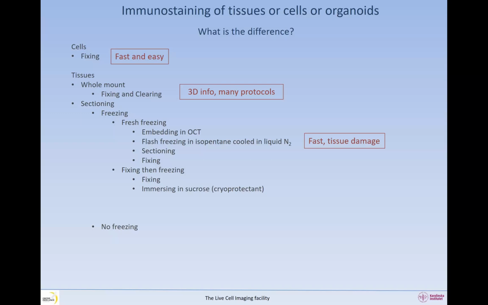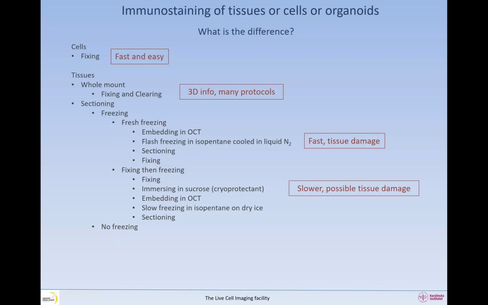After that, you embed it in OCT and freeze in isopentane or dry ice. Afterward, of course, you section whenever you need. This is much slower than the previous method, and you could also probably get some tissue damage.